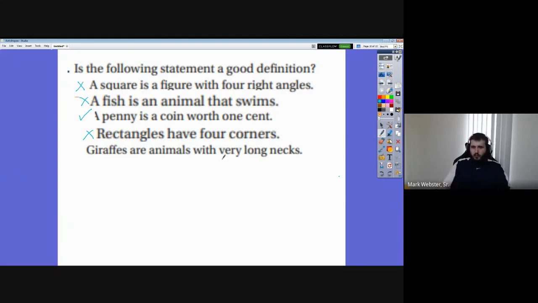I was talking about weasel words before, very long. Those are weasel words. You're not telling me exactly. You're not giving me any sort of real consistent idea as to what you actually mean by the size there. So this one also is a bad definition.